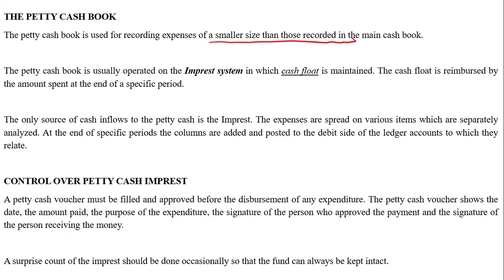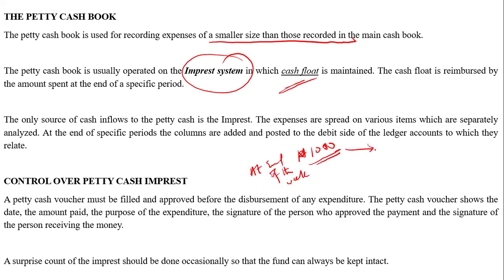The main thing in the petty cash that is usually operated is the imprest system, which we talk about in cash flows. Now, what do you mean by this? It is very simple. If an organization says that at the end of every week, we'll give your petty cashier 1,000 naira, then the petty cashier cannot spend any money above 1,000.